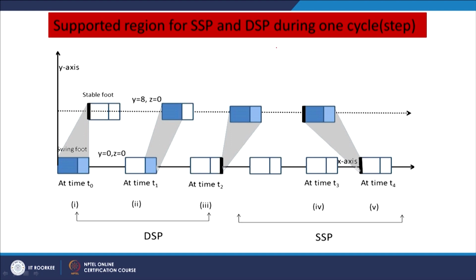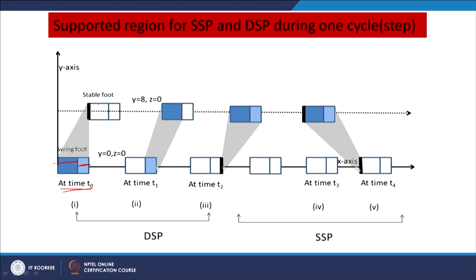The calculation of the ZMP can be done in the same manner as we have seen earlier, and this picture shows the foot at various time instants. At time t0, the swing leg is completely on the ground, coinciding with the ground; this portion is the toe portion, and this is the sole to the heel, the end of the foot.